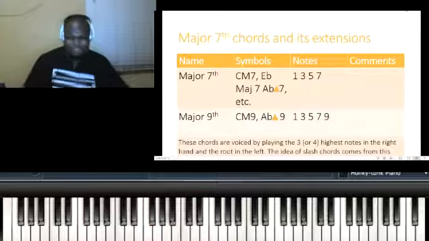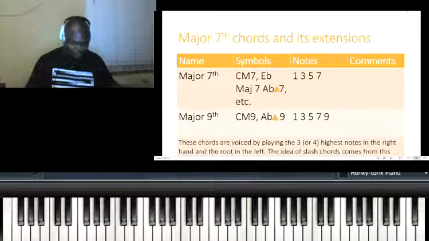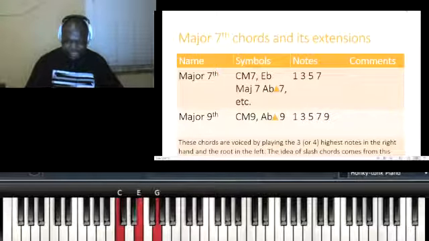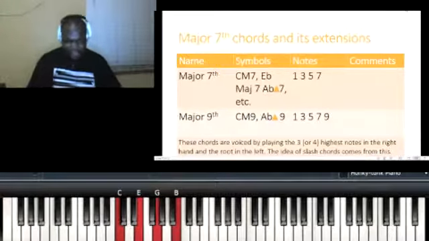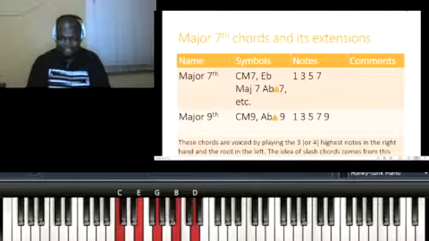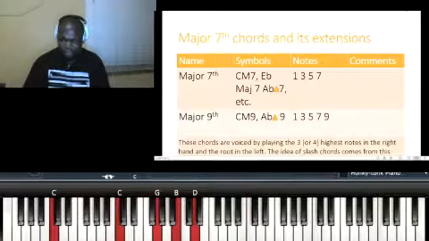Okay, so the major ninth, of course, the same logic follows. If I do it on C, I have C major 7, and then I'll add the ninth to it. Okay, so what I have here is C major 9. And as I said to you last week, a method of voicing this is to take those three highest notes, D, B, and G, and put it in your right hand. And just take that C and put it in your left hand.